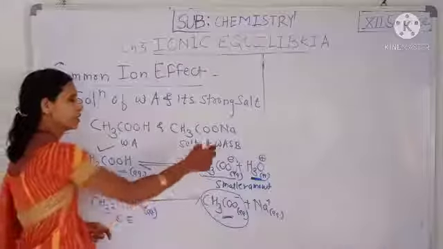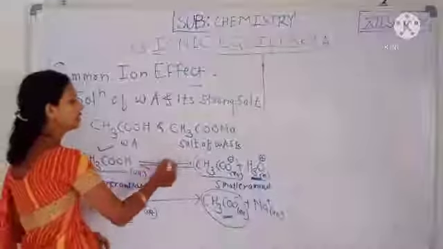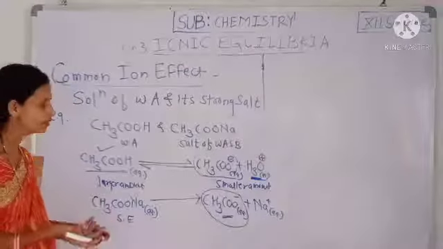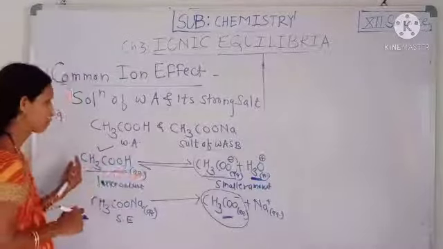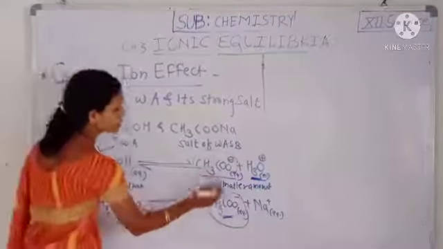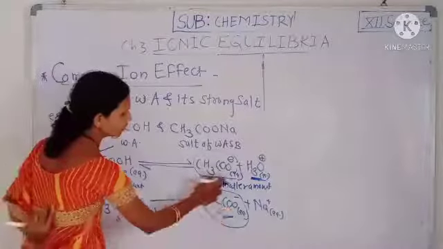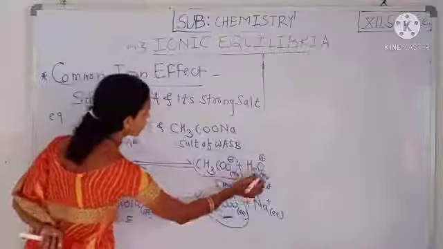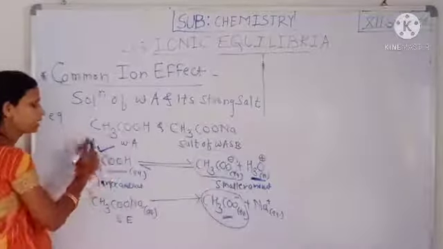That means the reverse reaction gets started and the reverse reaction is favored over the forward reaction. The excess acetate ion readily combines with hydronium ion to give unionized acetic acid molecules.